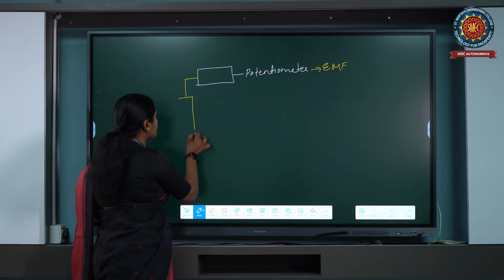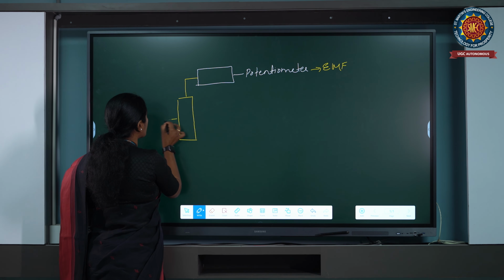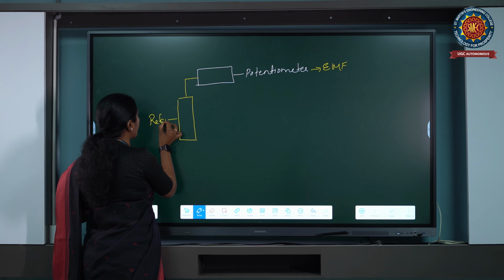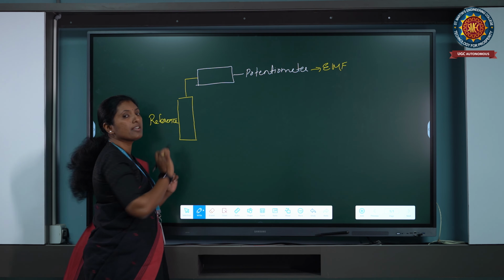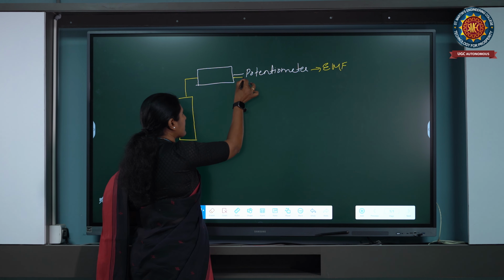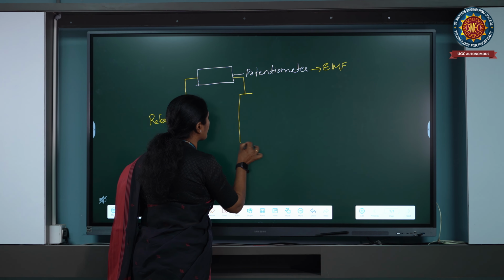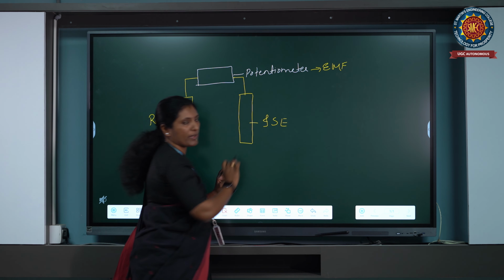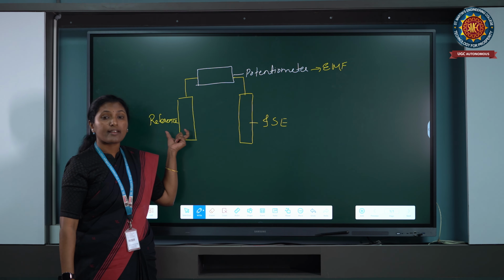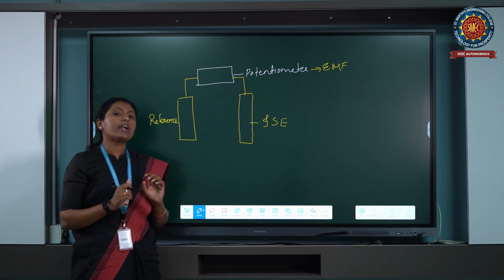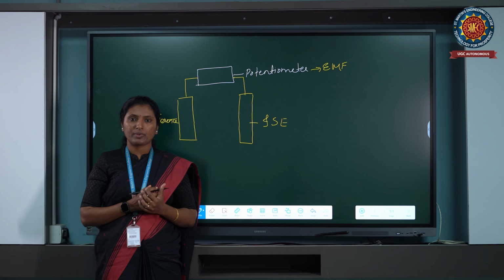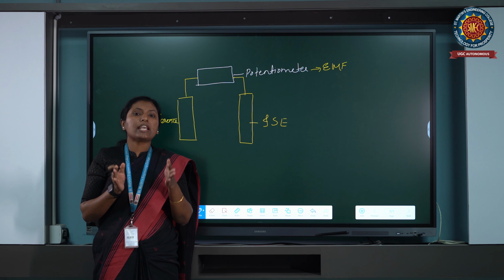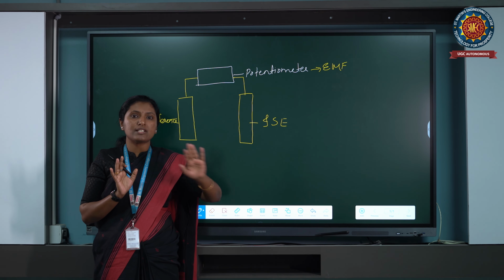One is the reference electrode, and the next one, attached to the potentiometer, is the ISE. I will explain now clearly. First one is the reference electrode. What do you mean by reference electrode? It will give a stable potential.